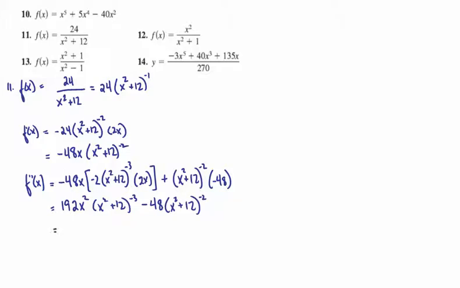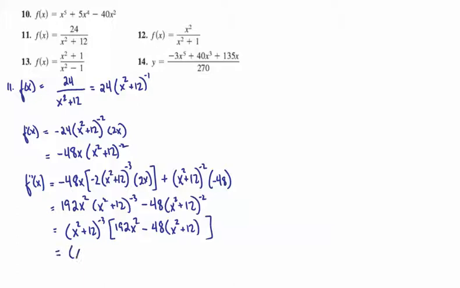I want to factor out my least common multiple, which is always the smaller, x squared plus 12 to the negative third. That leaves me 192 x squared minus 48 times x squared plus 12. What power do I need? I have negative 3 plus what gives me negative 2 is just 1.